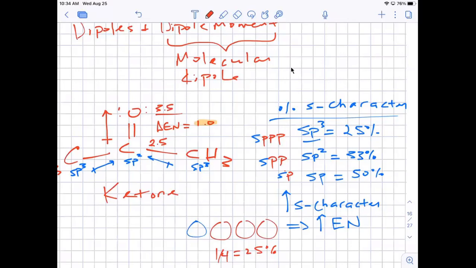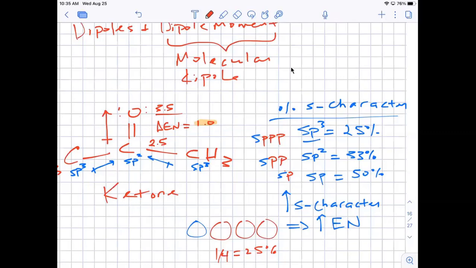So when I overlap that with something, that positive nucleus is more exposed and pulls on the electrons in the other atom more. So an sp2 carbon bonded to an sp3 carbon is going to have a slight dipole towards the sp2 carbon, because of the percentage and the electronegativity difference that results from it.